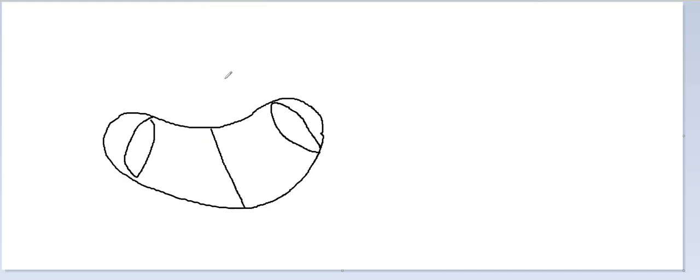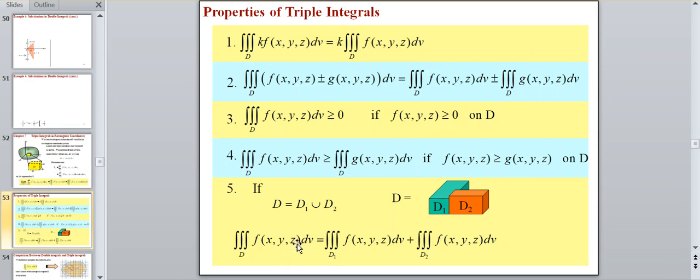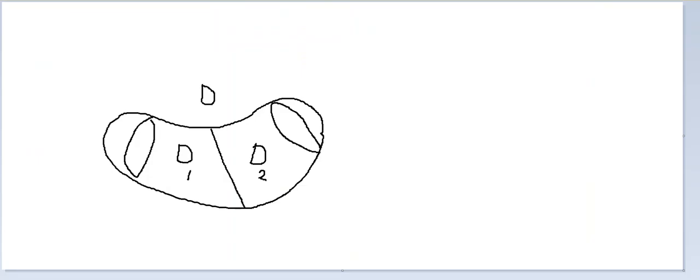Let's say this is our D. Okay, this is D1, this is D2, like this. So it means this property number 5 is true for D of any shape. You can see here, not only rectangular.